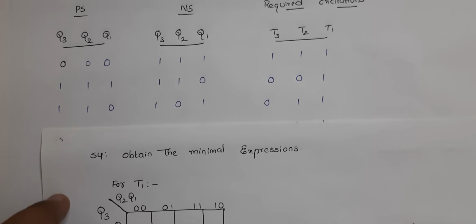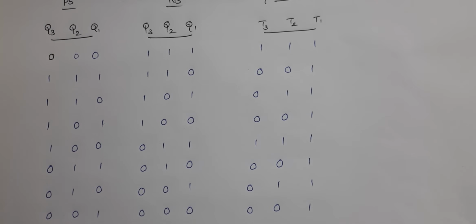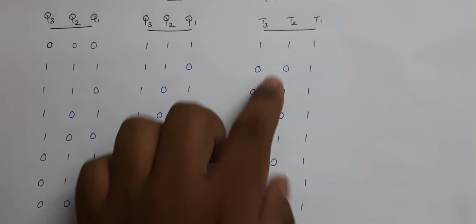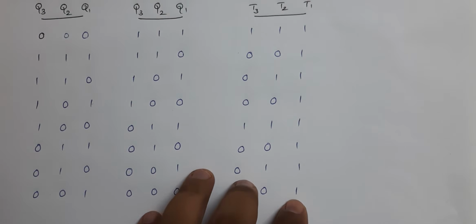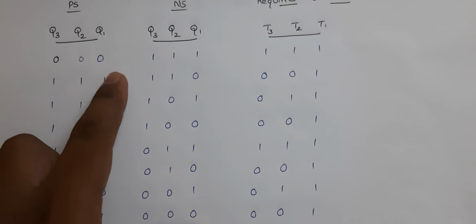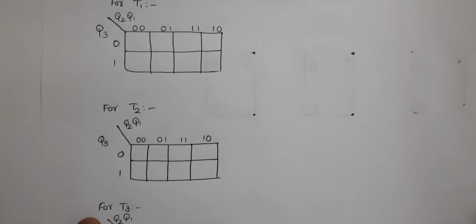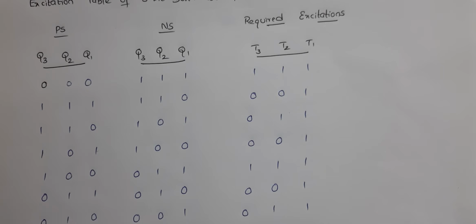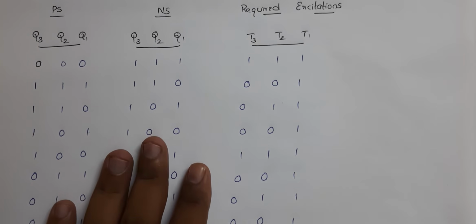For T1, what is the present state output? If you observe the T1 column, all are ones only. For each and every combination of Q3, Q2, Q1, see the excitation table here. This is very, very important.